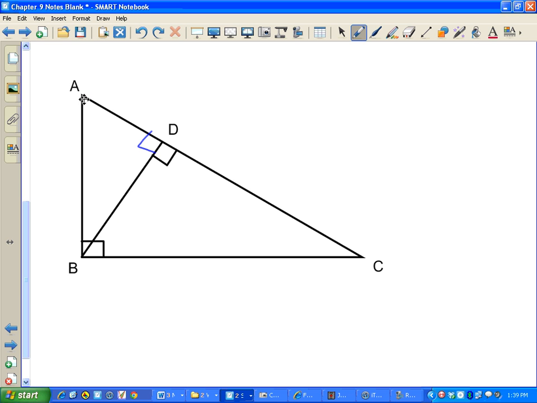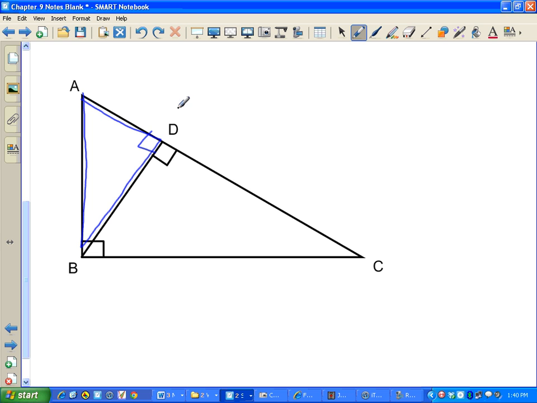Let's look at the whole triangle compared to this blue triangle here. They both have a right angle, and they both share angle A up here, so they're similar to each other.